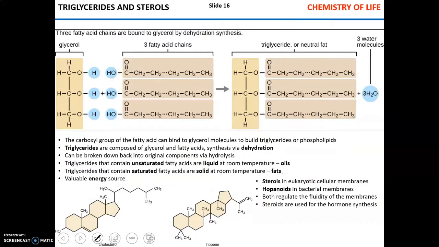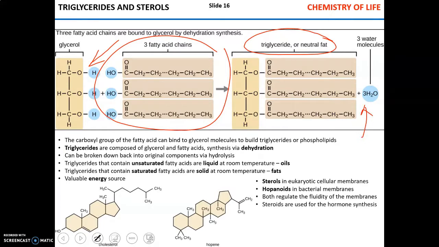When fatty acids, shown here, combine with a glycerol molecule, that combination produces triglyceride, neutral fat. You can see that it is also a reaction of dehydration, and the main function of triglycerides is to store energy.